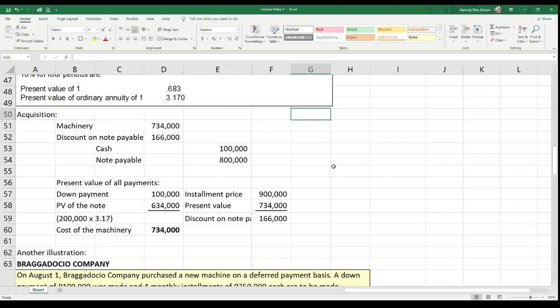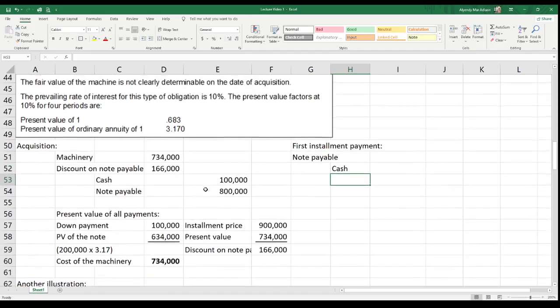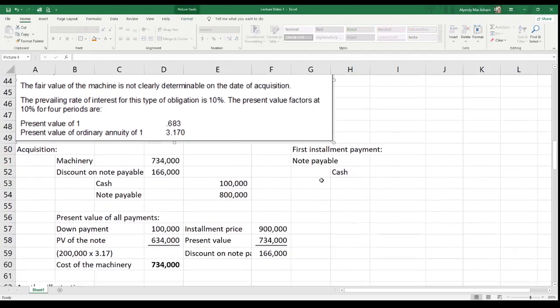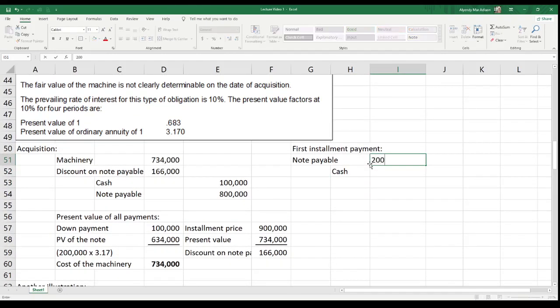Now how about on the date of payment? Let's say the first installment payment. Same as before, we debit note payable and credit cash. How much is paid every year? The payment every year is 200,000. So, 200,000 and 200,000.